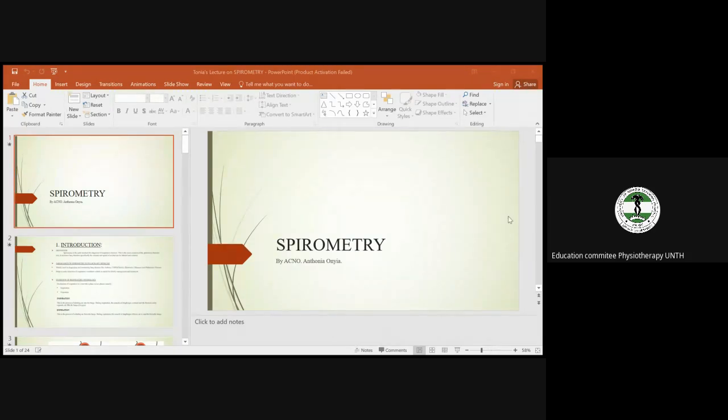Please, can you bold the date? Spirometry is the gold standard for diagnosis of respiratory diseases. This is the most common of the pulmonary... Please, can I use my own system? I'm not seeing this very well.